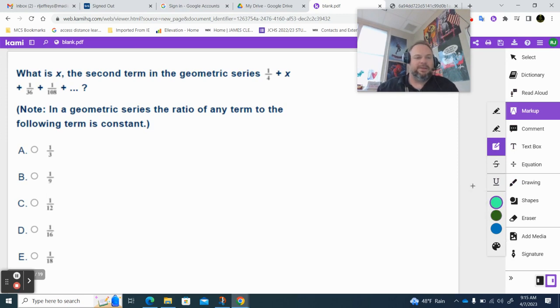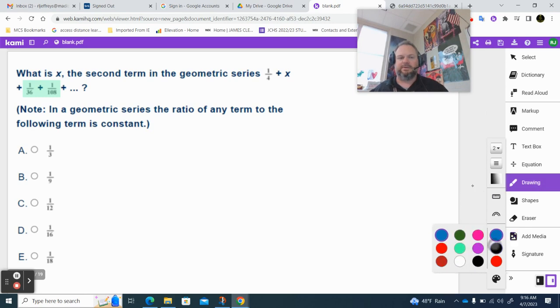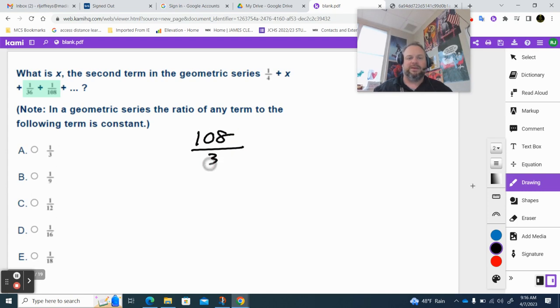So what is x, the second term? We're looking for this. We actually need to look past the first thing. In a geometric series, that means we're multiplying by the same thing each time. For decimals, I would just take 108 divided by 36.